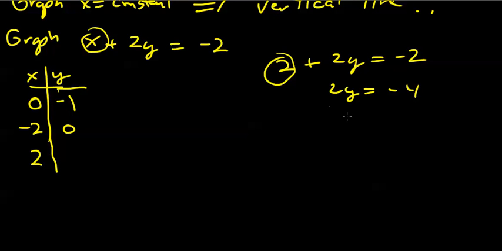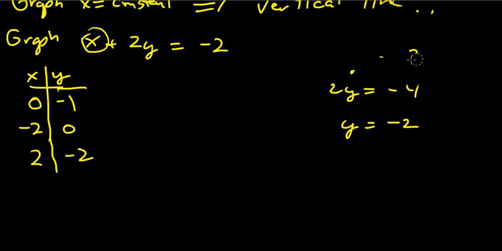So 2y equals -4 then, subtracting 2 from both sides. And y, of course, equals -2, dividing both sides by 2. So there are 3 nice, convenient points, which I hopefully can graph without too much trouble.